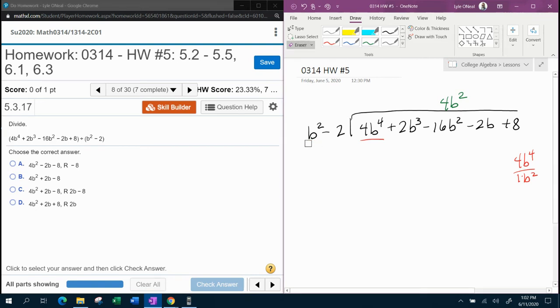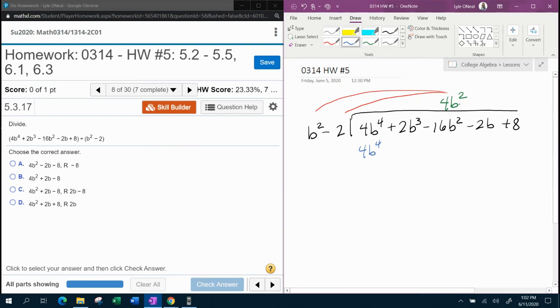And now the next step is to take the 4b squared and distribute it to the divisor. So we're going to get 4b squared times b squared. That is 4b to the 4th.